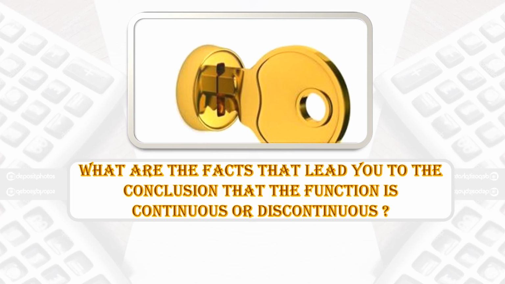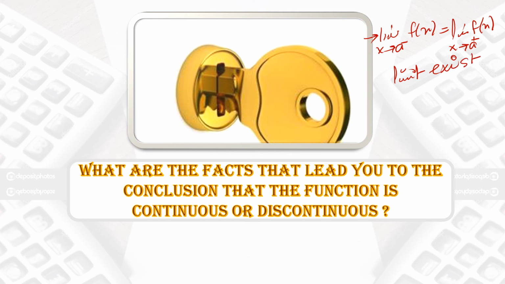Now what are the facts that lead you to the conclusion that the function is continuous or discontinuous? Of course, when the limit as x approaches a from the left hand side of a function equals the limit of f of x when x approaches a from the right hand side, they are equal, we can say that the limit exists.